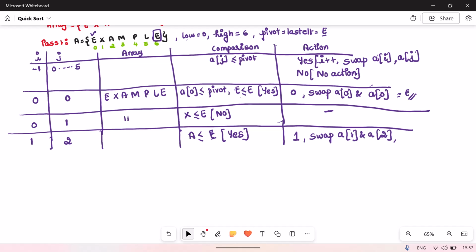A of 1 is X and A of 2 is A. Okay, so it has to be swapped. So it becomes E, then A, then X, M, P, L, E.